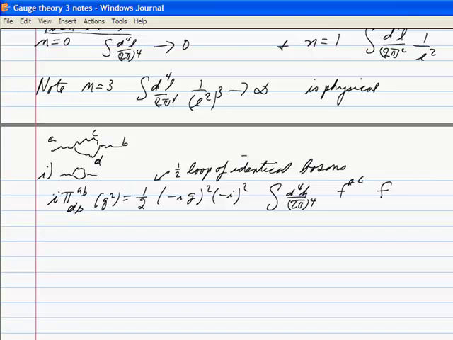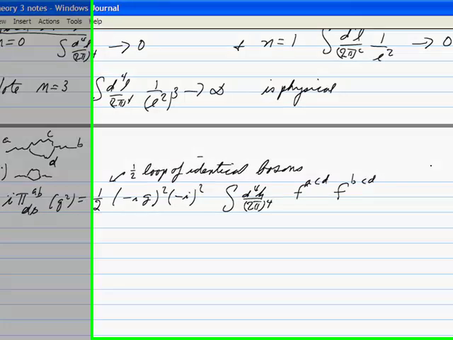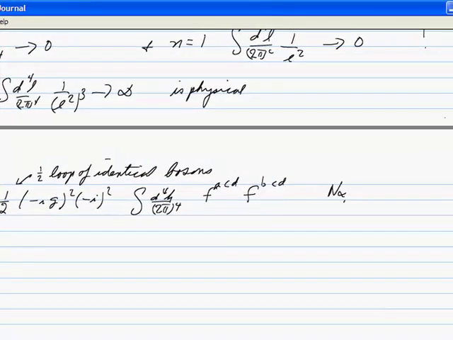That's A, C, D at the top vertex, right? A, C, and D come together at the top vertex. B, C, and D come together at the second vertex. There's some momentum factors which I guess I won't bother writing out. k squared plus i epsilon and k minus q squared plus i epsilon. 2 propagators. That's the thing I wanted to work on, the color factor.